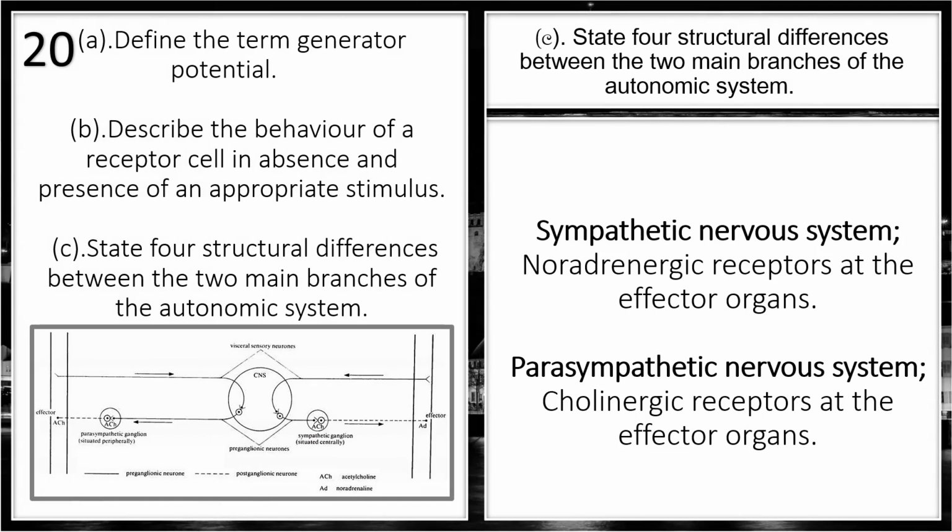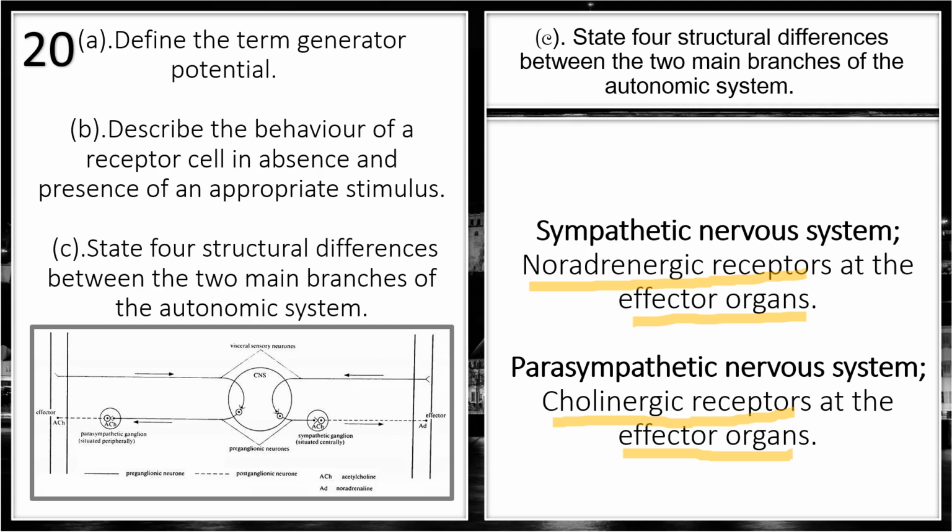In the sympathetic nervous system, there are noradrenergic receptors at the effector organ, whereas in the parasympathetic nervous system, there are cholinergic receptors at the effector organs.